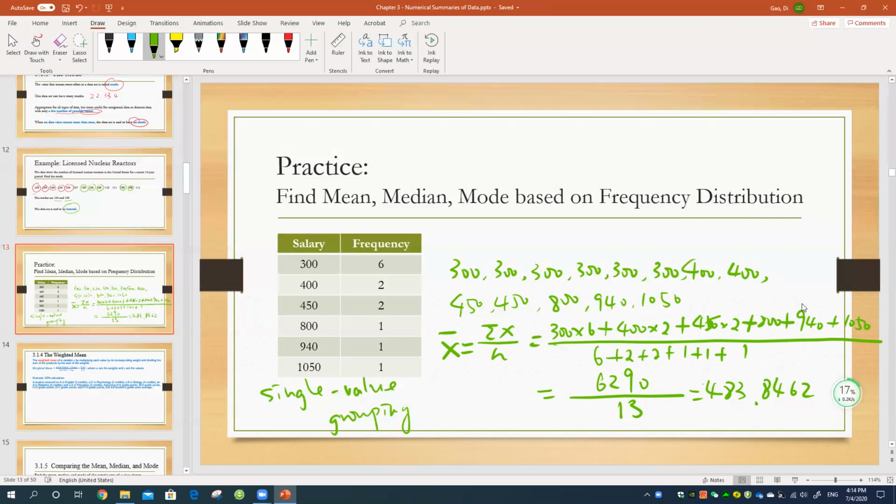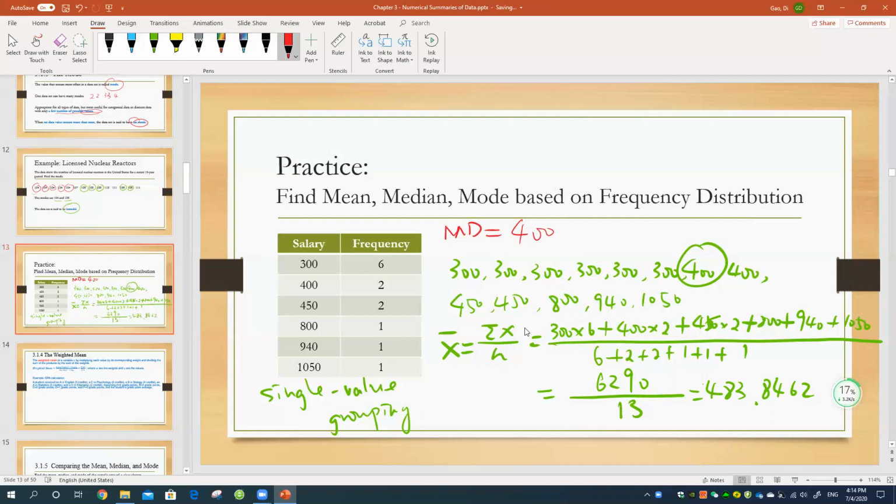So this 400 is going to be the value exactly in the middle, because we have 6 numbers ahead of this number and 6 numbers after this number. So this is the median. We're going to say median equals 400.